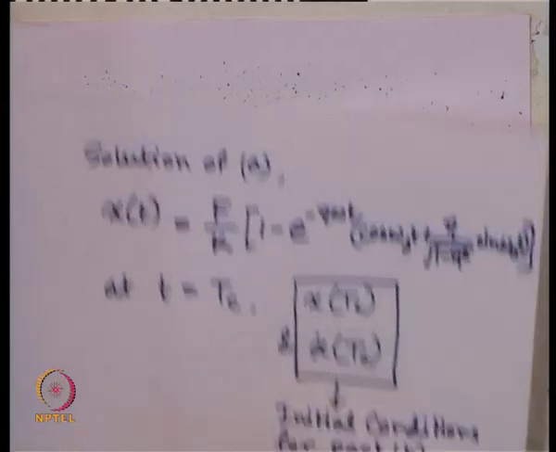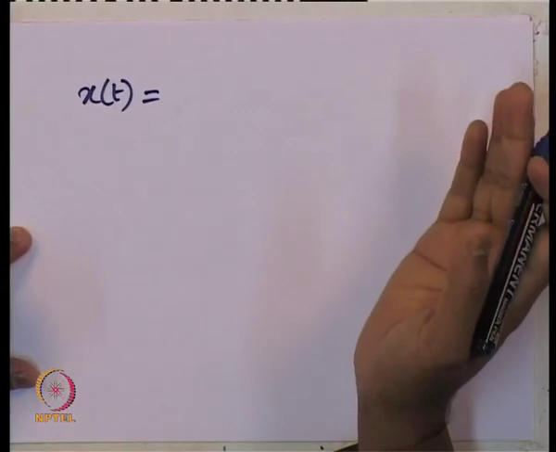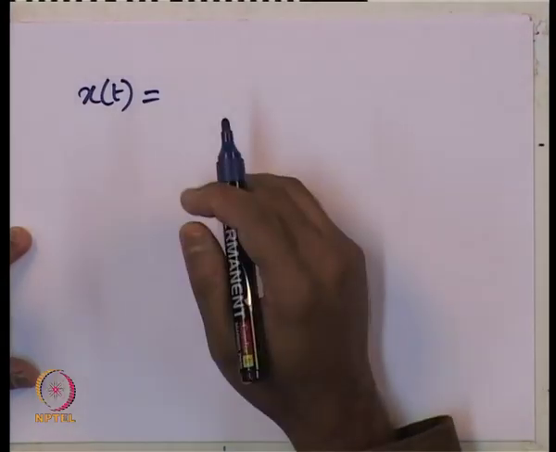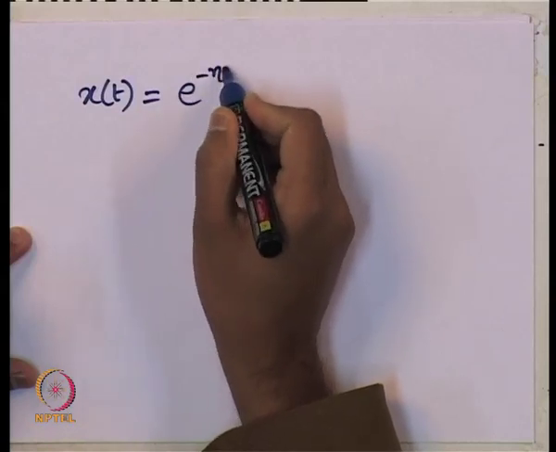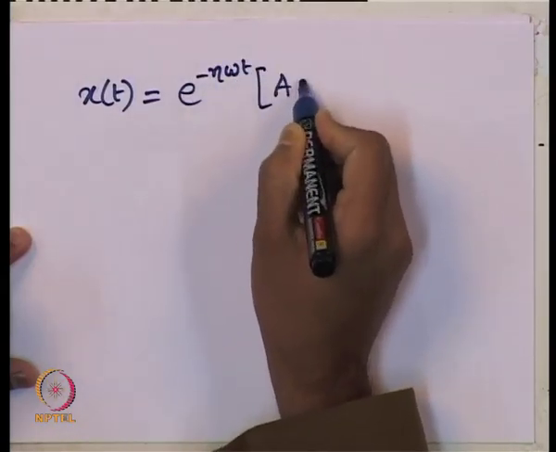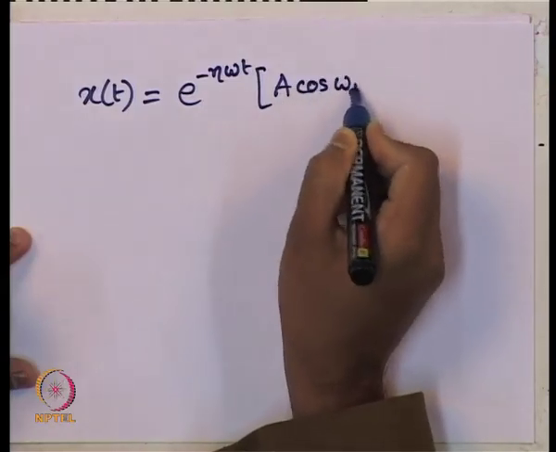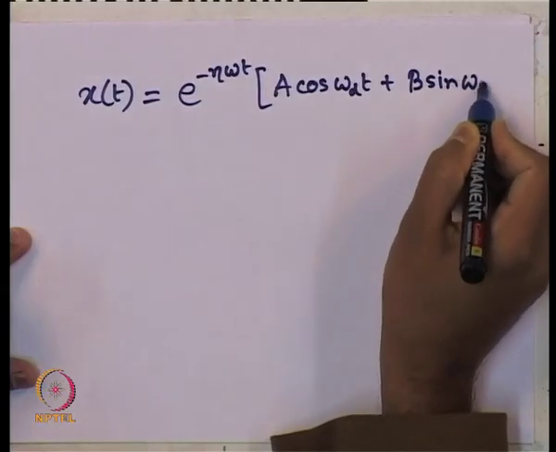Now, for the second part we know what is the solution x of t, the complete solution. There we do not have a particular integral, it is a free vibration case. The complete solution we already have: e to the power minus eta omega t, into A cos omega d t plus B sin omega d t.